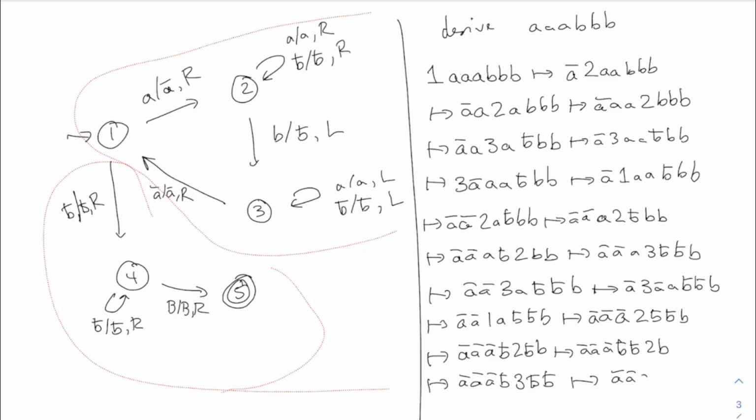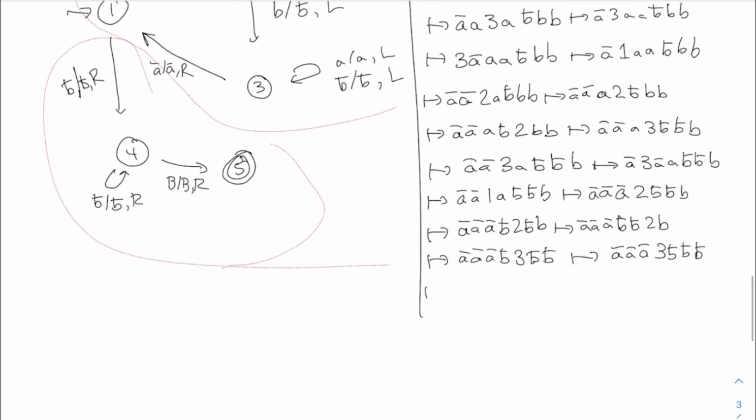A bar, 3, B bar. Finally, 3 A bar. So I move to the left again. And then one last time, that diagonal arrow on the A bar makes me go to the right and change back to state 1. A bar, 1, B bar. All right.